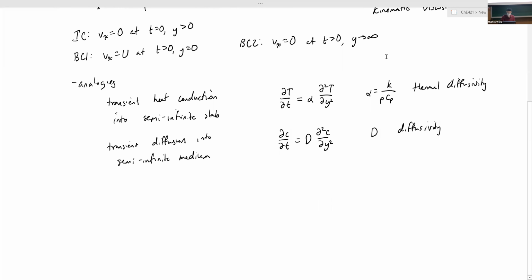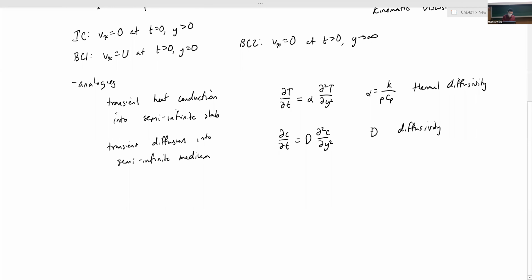By analogy to these sorts of things, this alpha here is a thermal diffusivity, so basically how quickly temperature diffuses in our material. This D here is the diffusivity, so it's basically how quickly our particular species diffuses in our material. Okay.